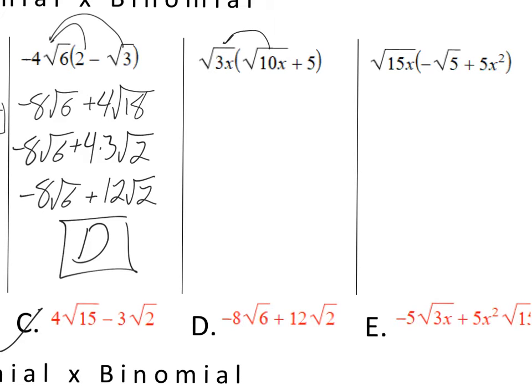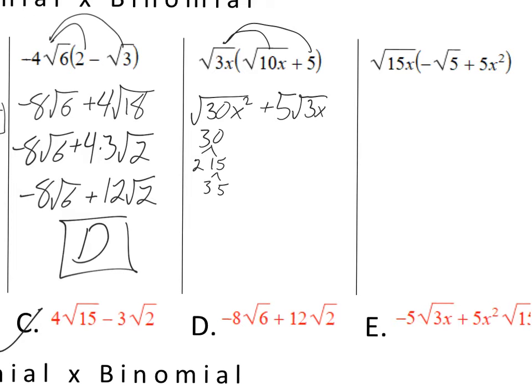Okay, so multiplying these together, we have radical 3 times 10 is 30. x times x is x squared. Plus, can I multiply the 5 and the 3 together? No, I can't. So I have 5 radical 3x. Let's try and simplify this down. 30 just goes to 2 and 15, and 3 and 5.